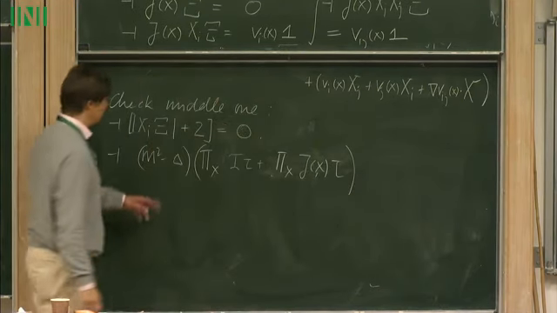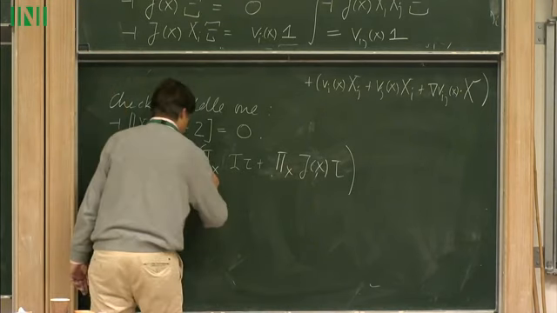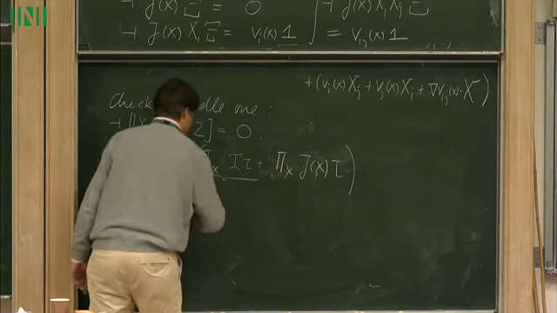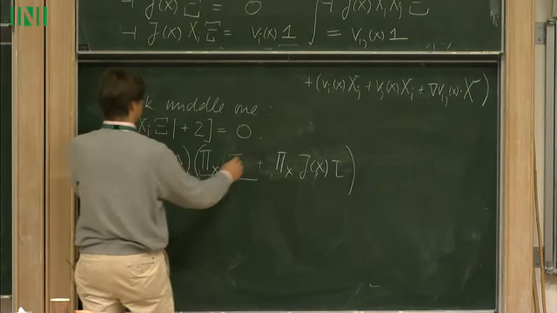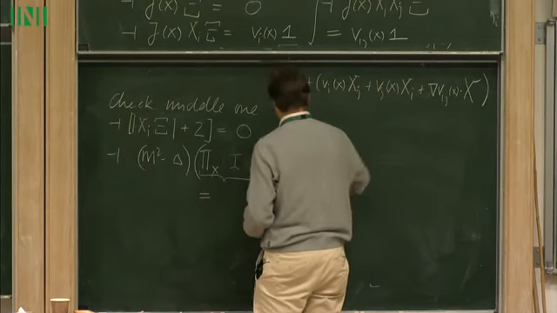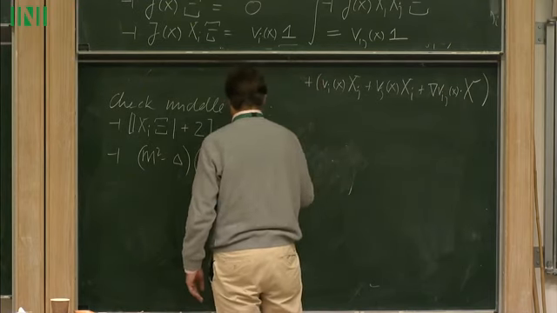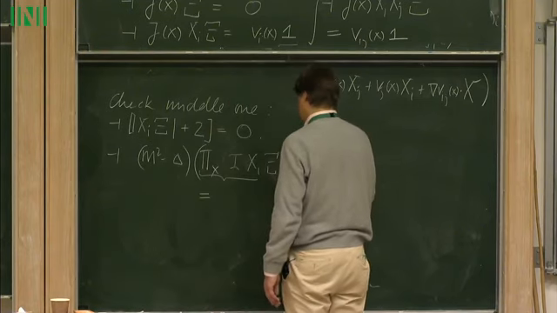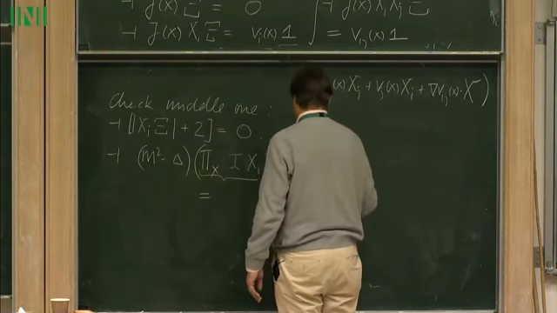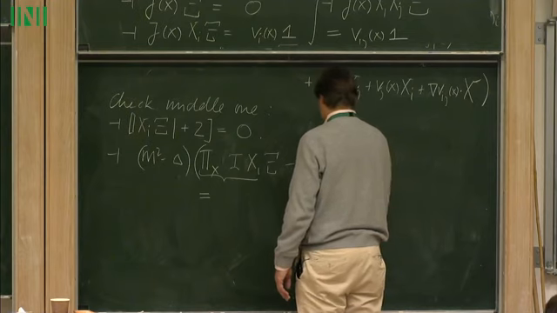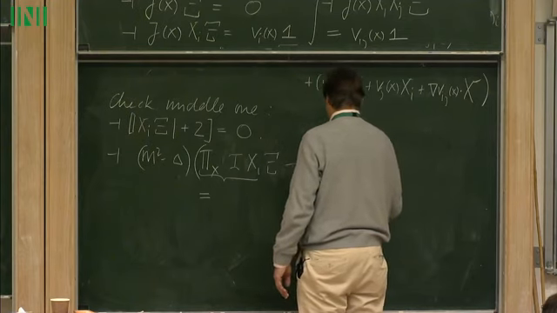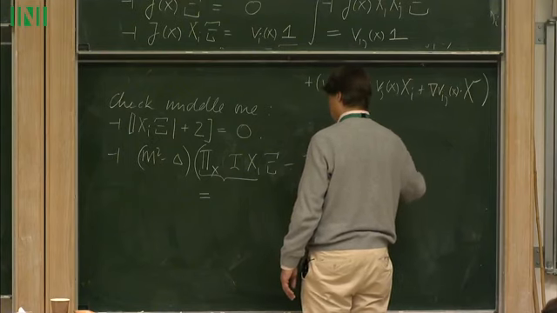So this I did yesterday or the day before. So this here, and I want to do this now for this specific tau. So xi minus pi x J of x xi.